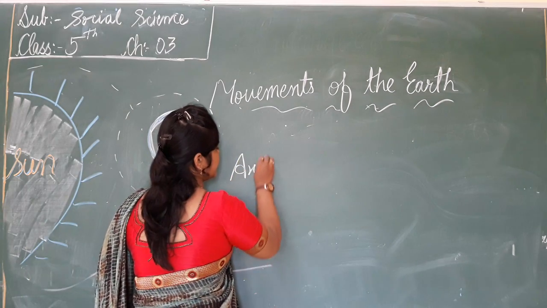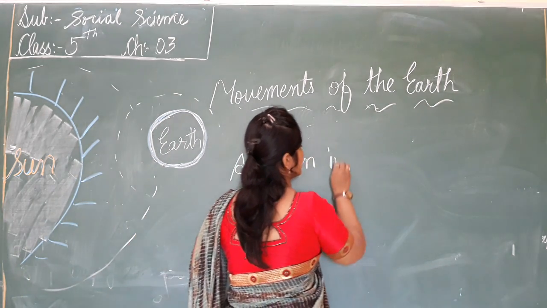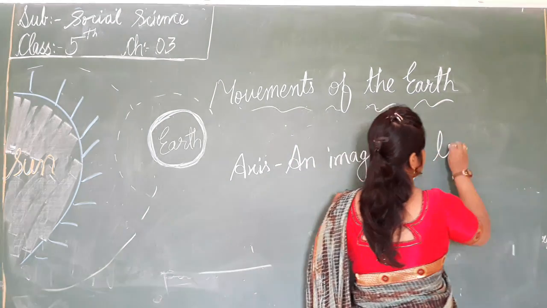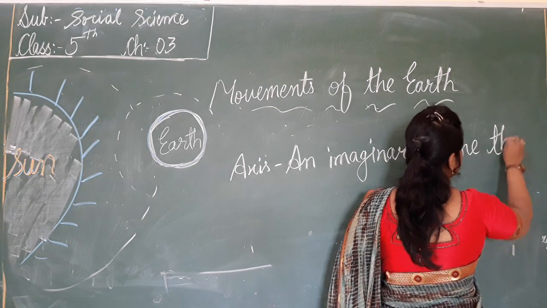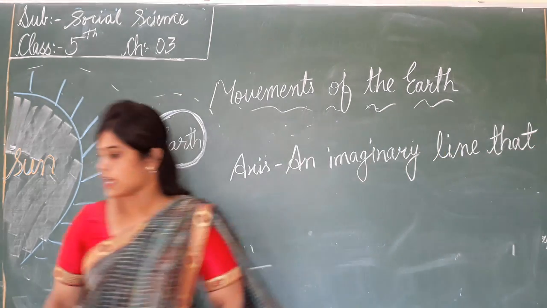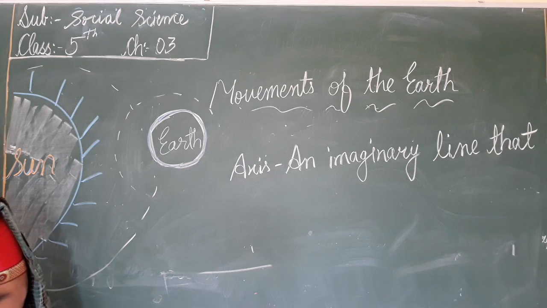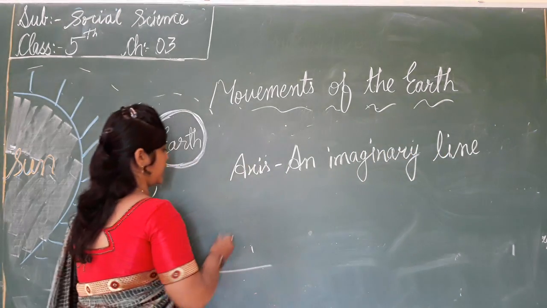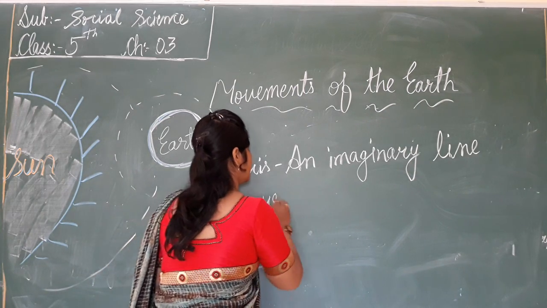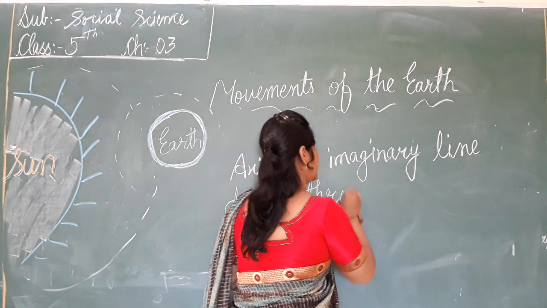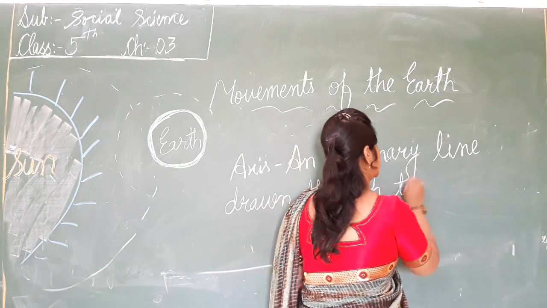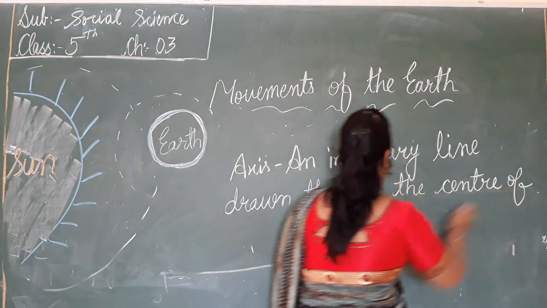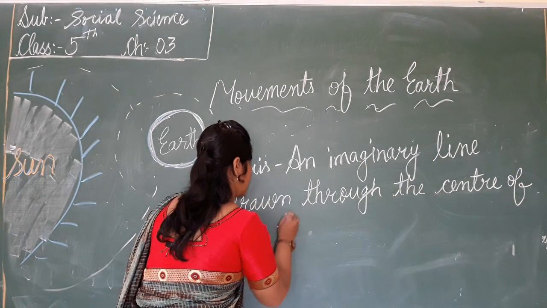Axis is an imaginary line drawn through the center of the earth.